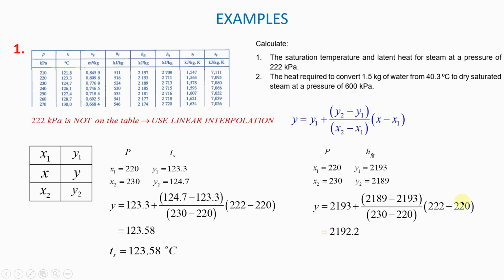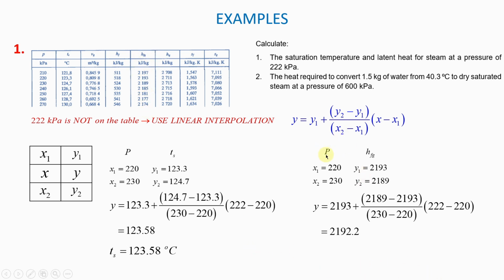And so that is what X is, minus X1, which is 220. And of course, here we had X2 minus X1. X2 is 230, okay? So you just plug in the numbers like that and you will get the value for Y. But in this case, this Y value that you're calculating is for that column, and that column is for latent heat, okay?